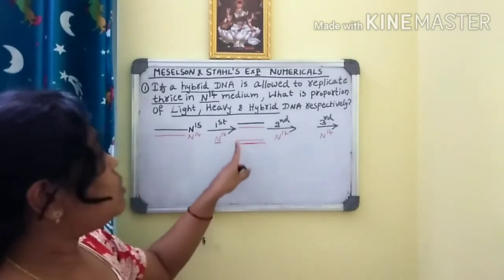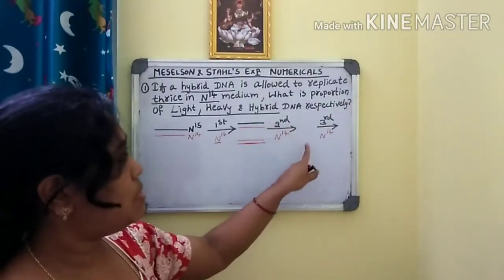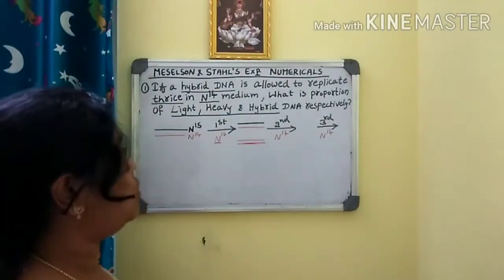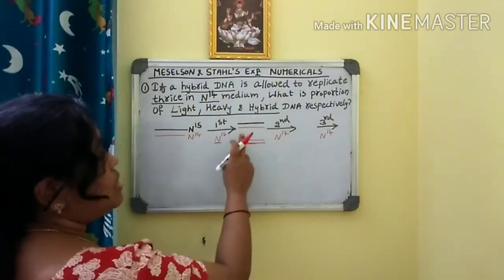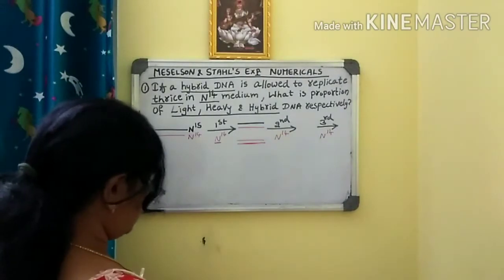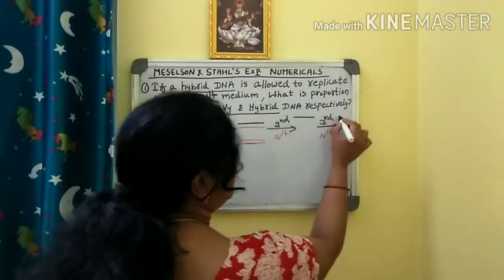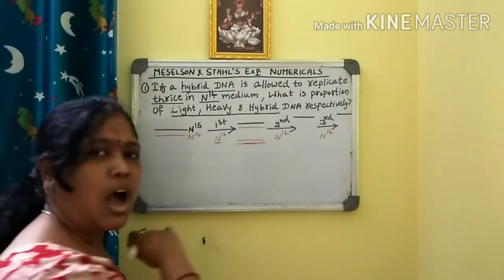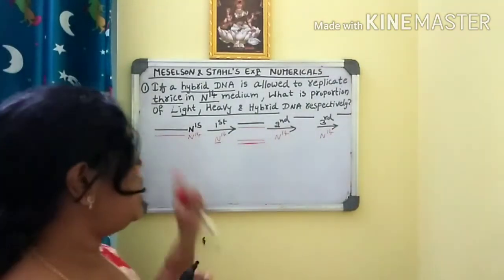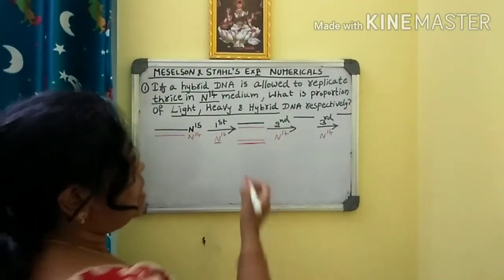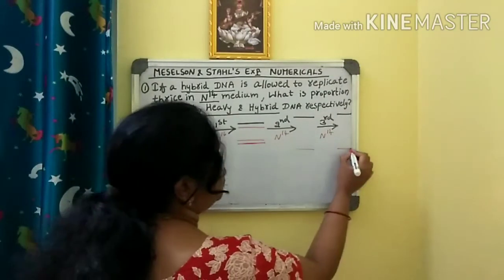Okay. And now if this DNA is multiplied again, in the second generation also, the DNA gets duplicated. So N15 will be present till the last. However many generations you take, this N15 will definitely be present, and the rest is N14.